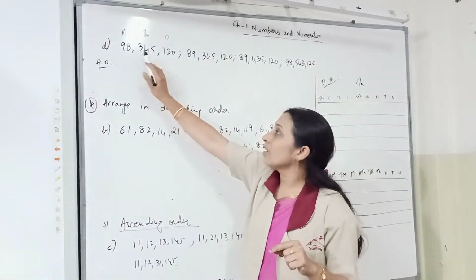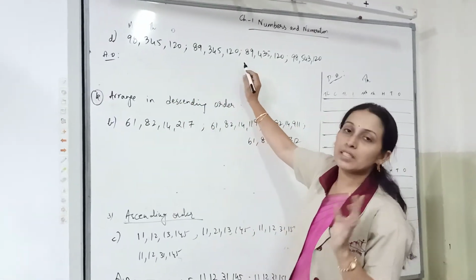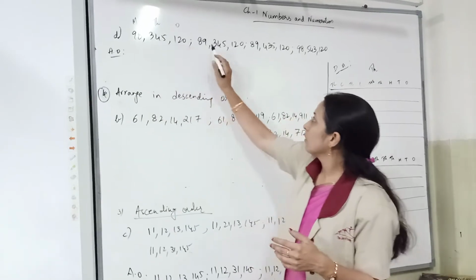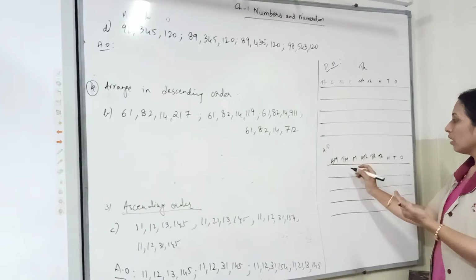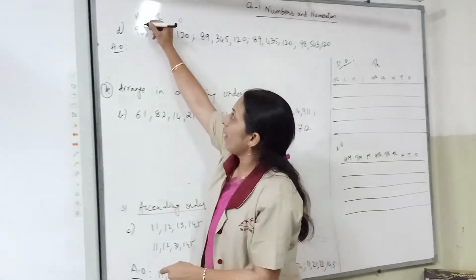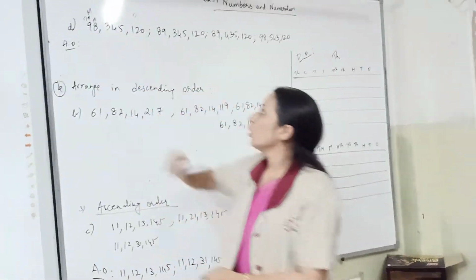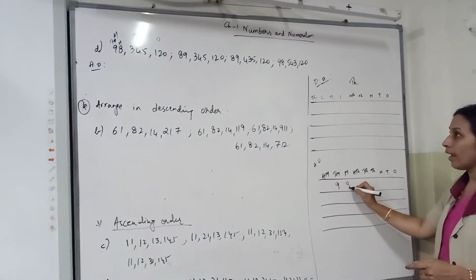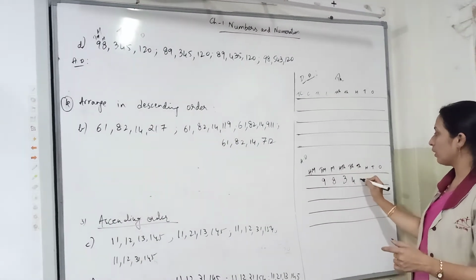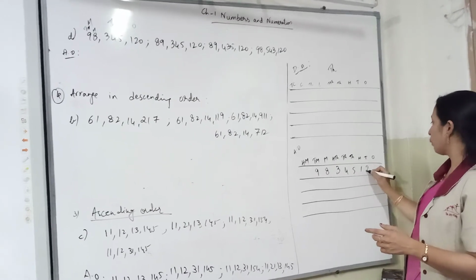Now just check, are the number of digits same or not? Yes, all the numbers have the same number of digits. Now see, it is only million and 10 million. So don't write from 100 million, write from 10 million onwards. 98,345,120.